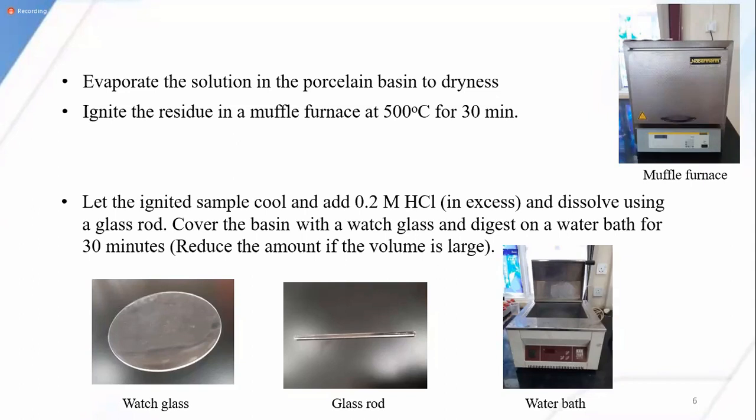So 0.2 M of HCl we are going to add. What is the purpose of adding HCl? Do we have any idea? After the ignition, you got the oxide form of cations.